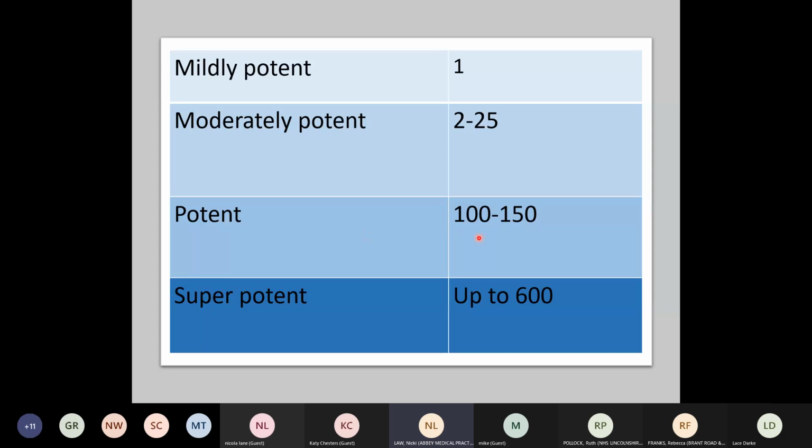Once we move up to potent steroids, we've got into 100 to 150 times as strong as hydrocortisone, and then the super potent, which is Dermovate, up to 600 times as strong, which I think is quite incredible, sort of how much that ramps up in each of the different categories.